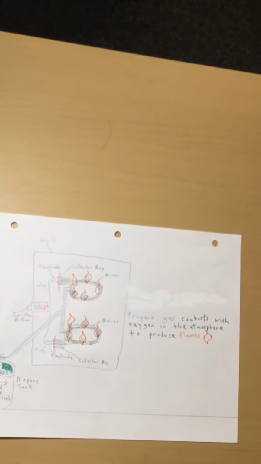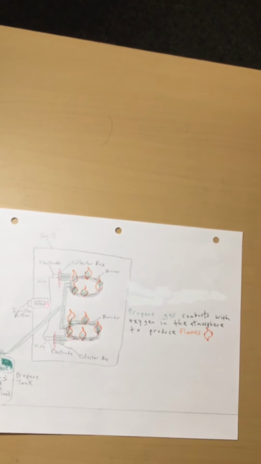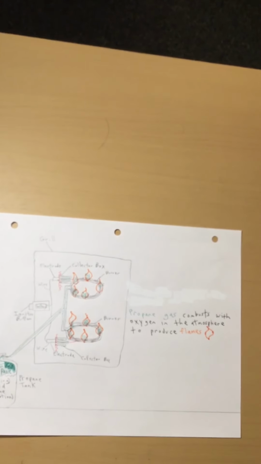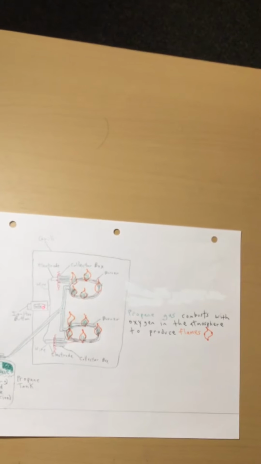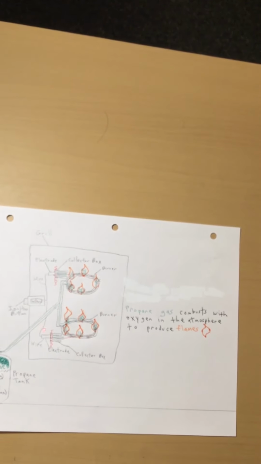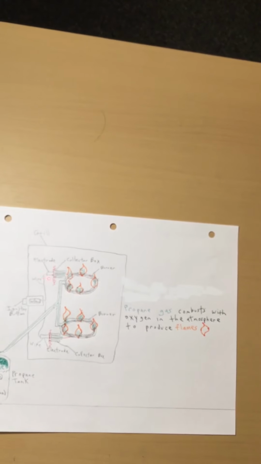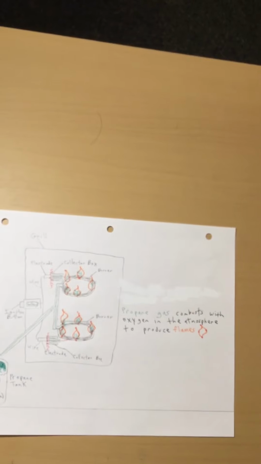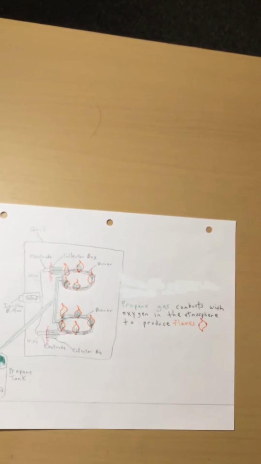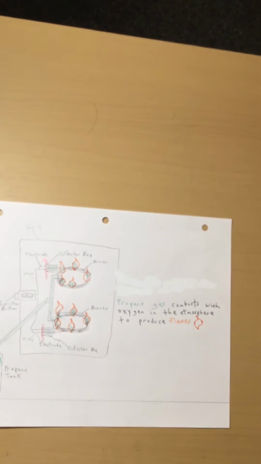There's usually a battery inside the module, right? And that activates a current that goes through the wires here, and then it goes into what we call the electrodes, right? And then the electrodes cause a spark, right?